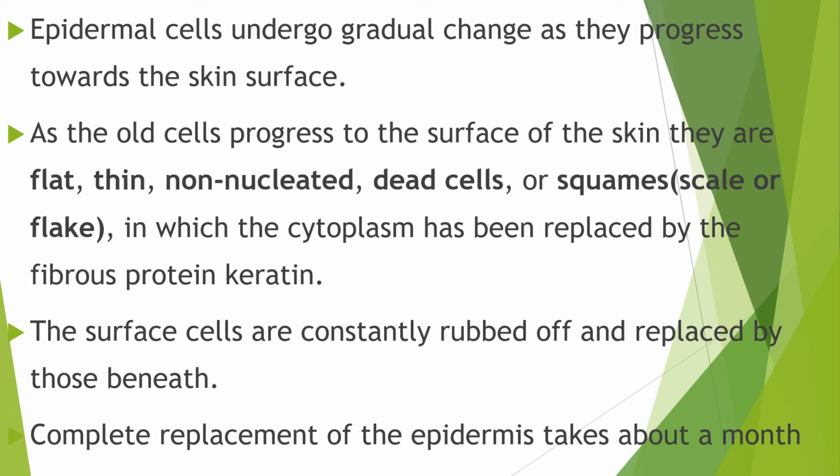So when these old cells come to the surface, they will be flat, thin, with no nucleus, and they have those squames on them, in which the cytoplasm has been replaced by the fibrous protein keratin. The surface cells are constantly rubbed off and replaced by those beneath.